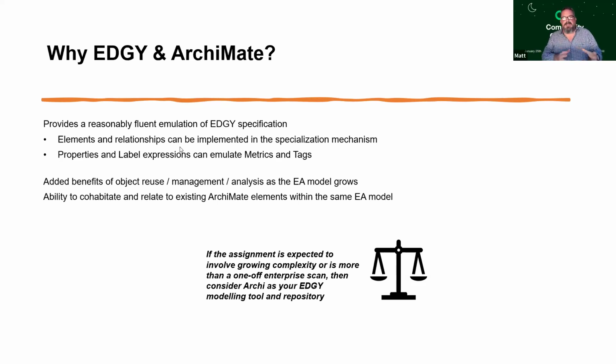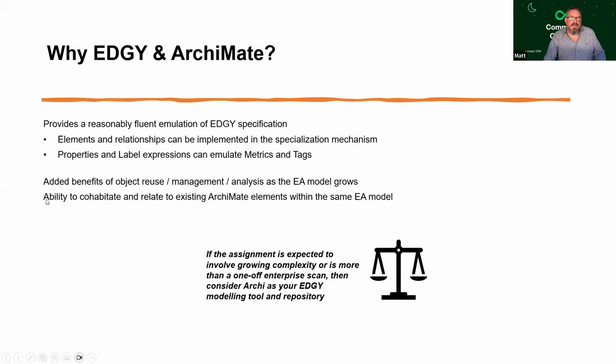But again, as I started to see where this was taking me, the obvious reasons why people use ArchiMate or any EA tool for that matter is to develop the model to provide that sort of growing understanding of the organisation of the architecture elements, and it's an iterative process that grows over time, and the benefits of reuse, etc. So if the assignment looks like that, I'd suggest ArchiMate is a really good way to go.